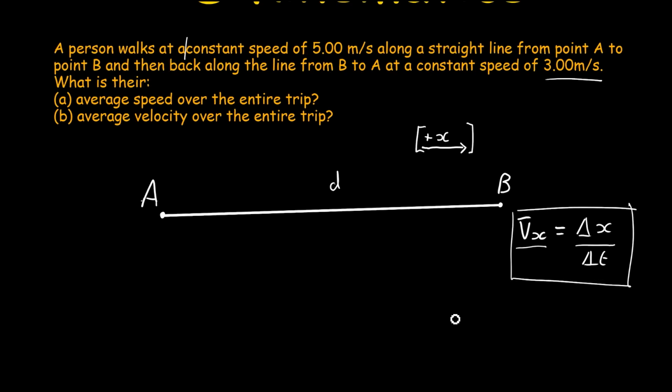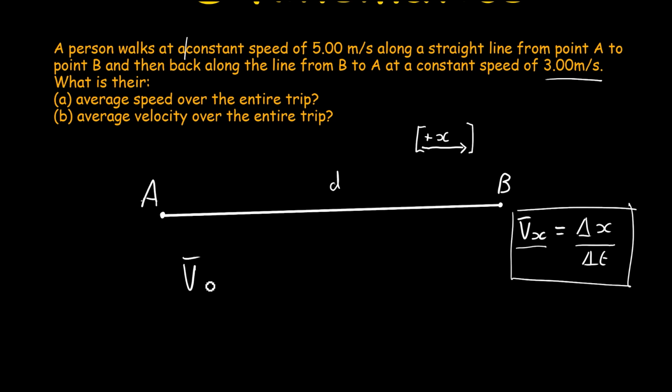Okay, so what about the average velocity over the entire trip? Well, this is actually counterintuitive, but the average velocity is 0. And that's because the person starts and ends at the same place along this straight line. So if you remember, this equation gives us the average velocity, which is a vector.